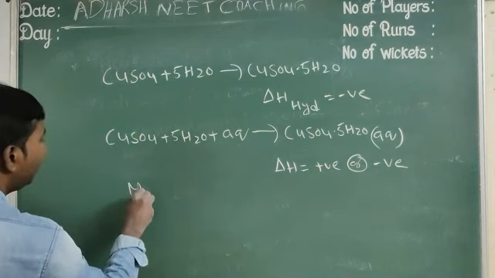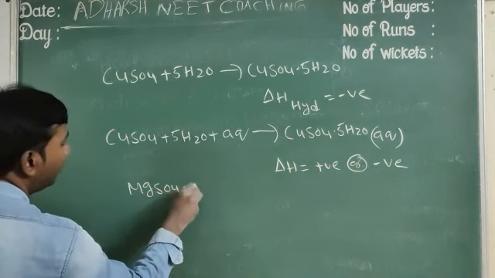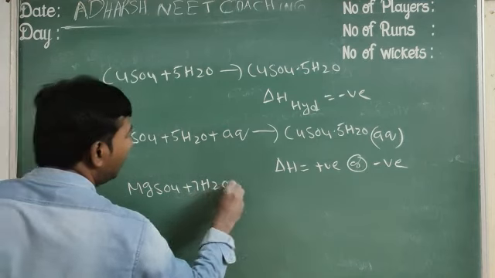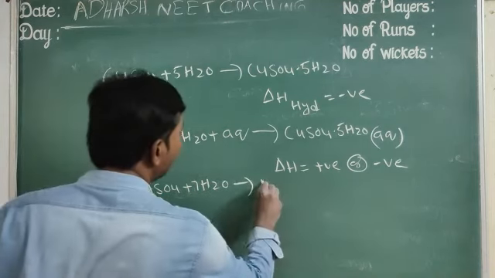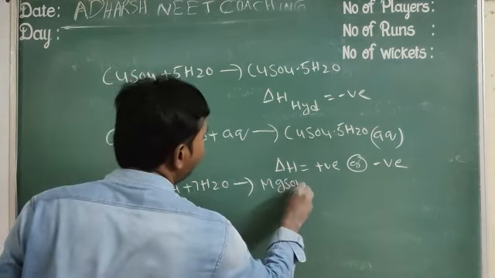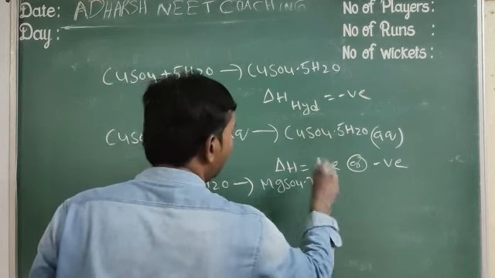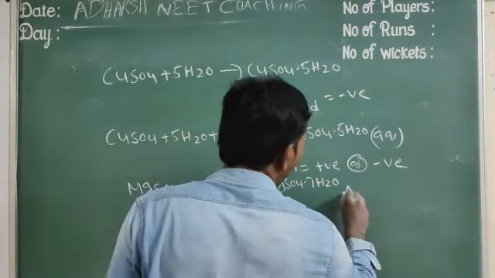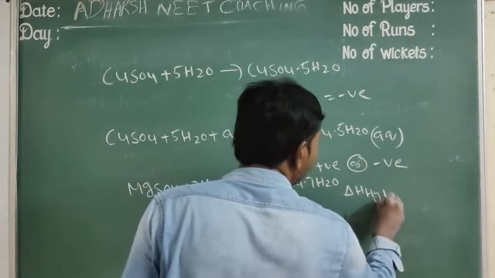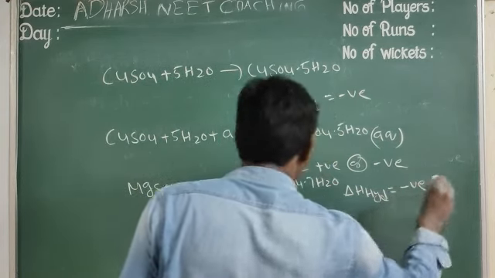Next, for example, MgSO4 plus 7H2O gives rise to MgSO4·7H2O. This is enthalpy of hydration, equal to negative.